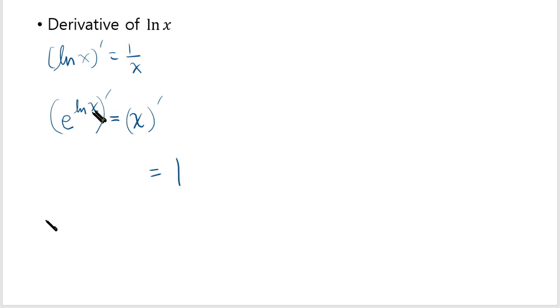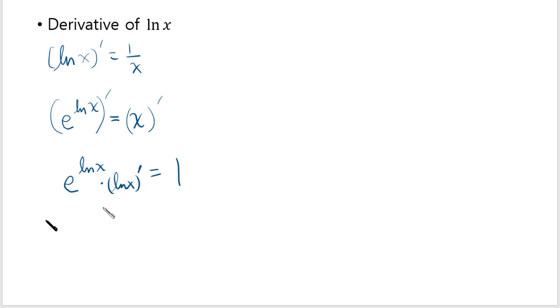Think of ln of x as the big X. Differentiating that means you first cover ln of x as a big X. Derivative of e to the x is e to the x. And you uncover the x, write it as ln of x. And then you write the derivative of ln of x right here.